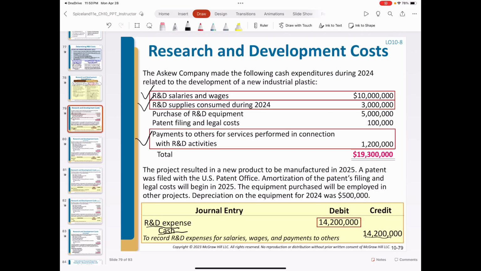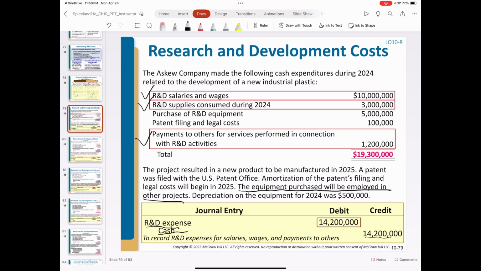The purchase of R&D equipment is not considered part of R&D cost. The reason is that this asset, the equipment, was purchased and employed in other projects. So we will record this as a purchase of equipment.